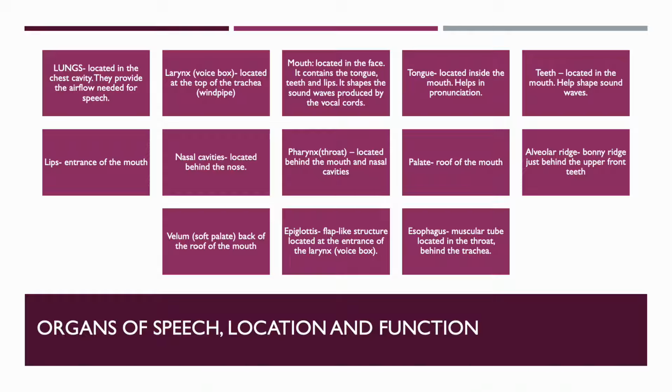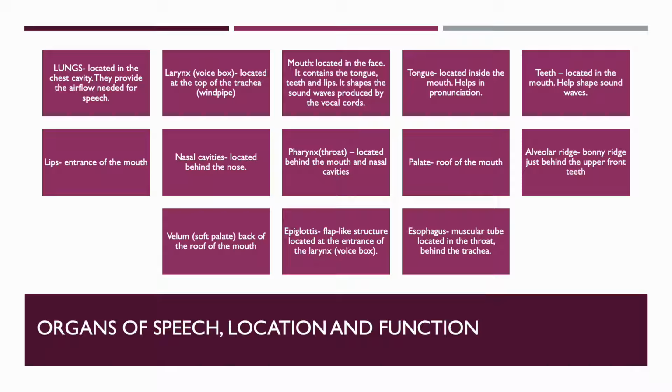Let's look at the lips. The lips are at the entrance of the mouth, right? What do we use them for? They help to shape the sound that is coming from the mouth. All right? Then let's look at the teeth. The teeth are located in the mouth.